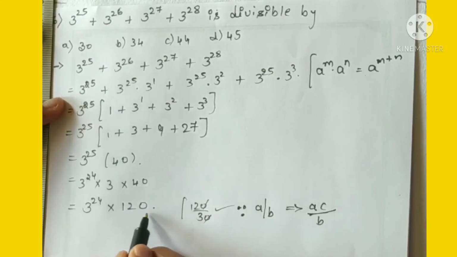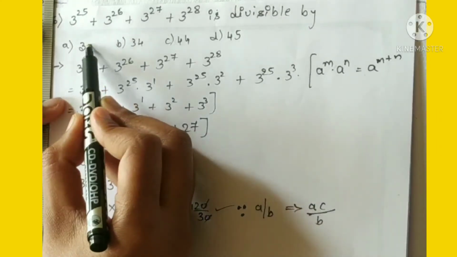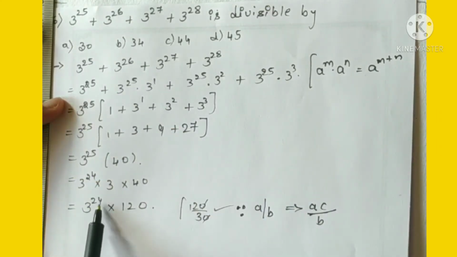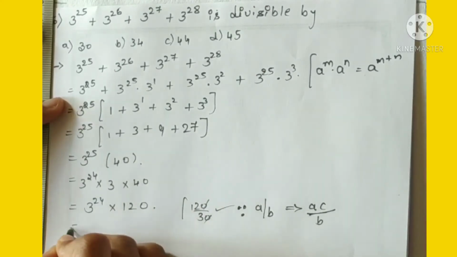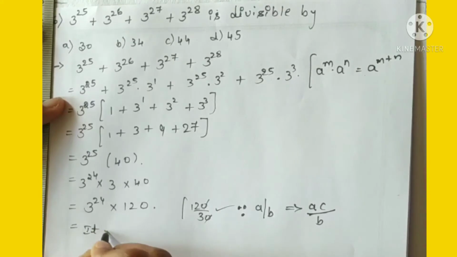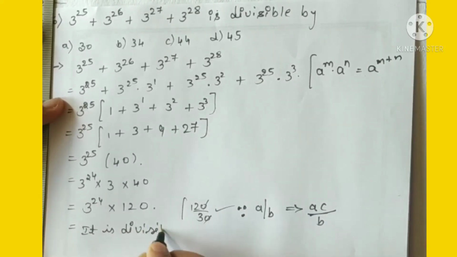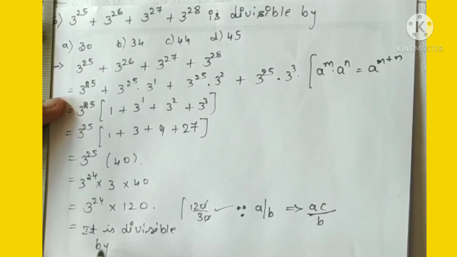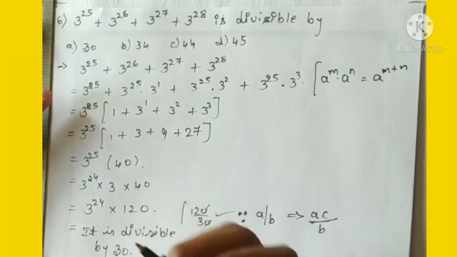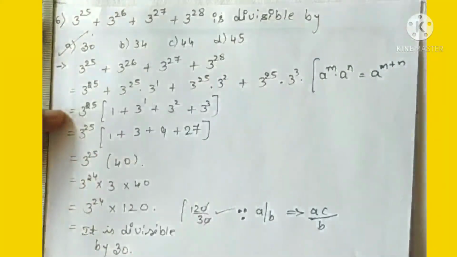Here 120 is completely divisible by 30. So 3 to the power of 24 into 120 is also completely divisible by 30. So it is divisible by 30. Here the correct answer is 30.